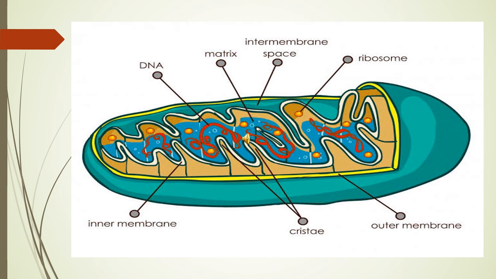Mitochondria are found in all body cells with the exception of a few. There are usually multiple mitochondria in one cell, depending upon the function of the type of cell. Mitochondria are located in the cytoplasm of the cell along with other organelles.